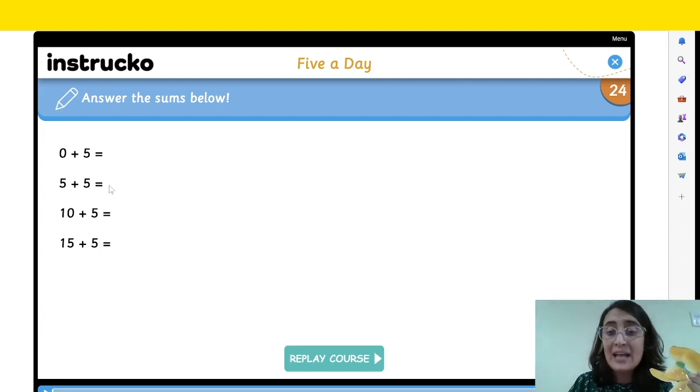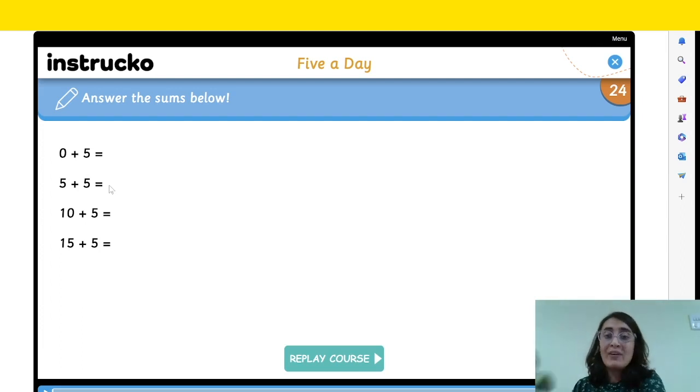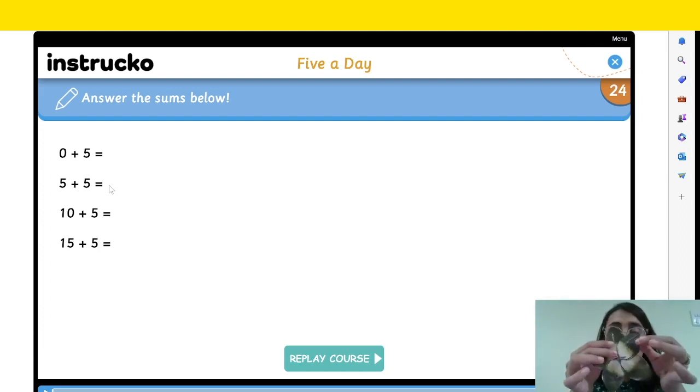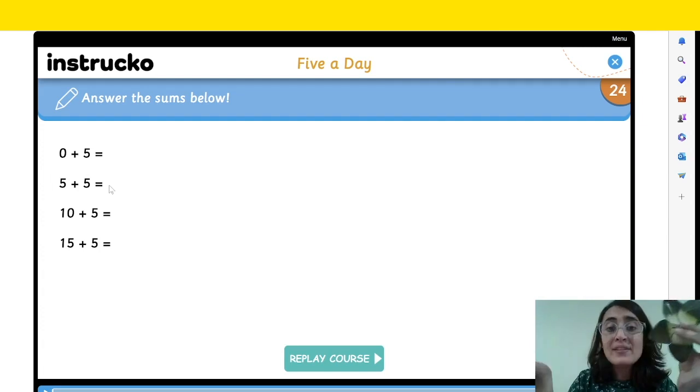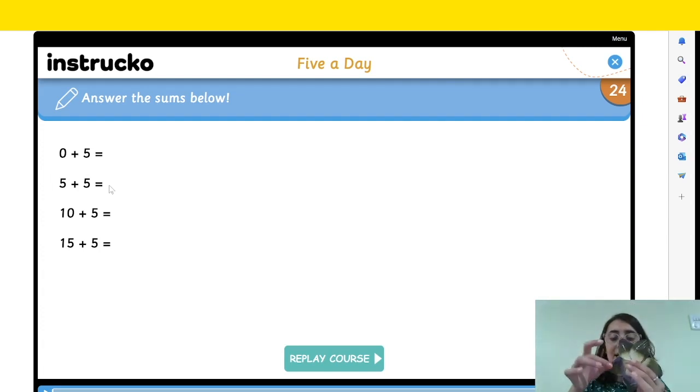Then in the last he went to his friend elephant. His friend elephant also gave him 5 fruits, right? So 15 plus 5 is how much? 16, 17, 18, 19, 20. Correct. So in total, now Mo has how many fruits? 20 fruits. And 15 plus 5 is 20.